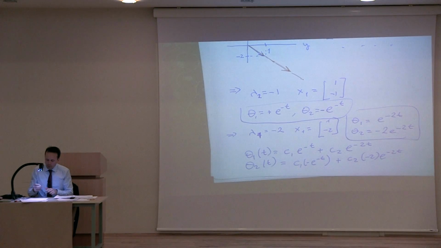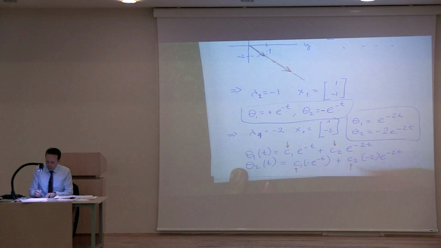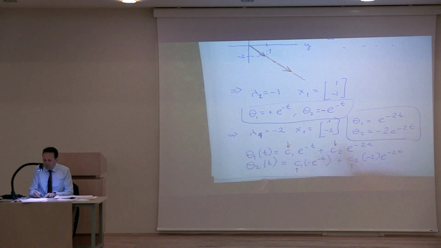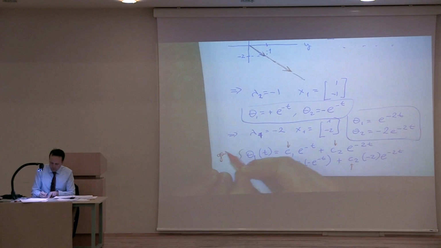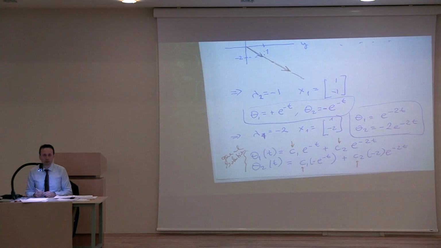So it is a linear combination, that's why we call this a linear combination, of the particular solutions of each of these eigenvalues. So this is what we call a general solution. That will be the solution. Understand? So from each eigenvalue, you find a solution with an eigenvector that depends on the direction, of course.